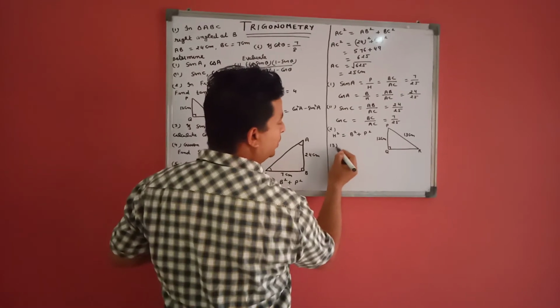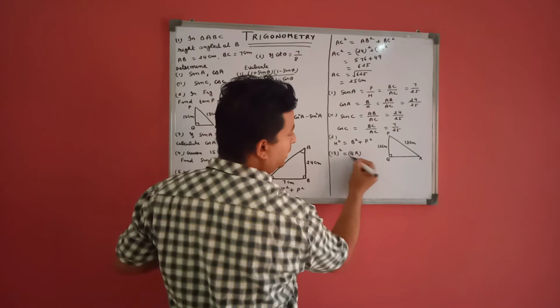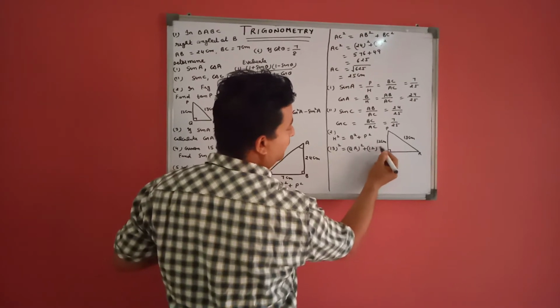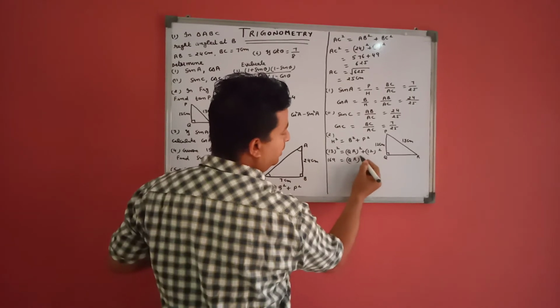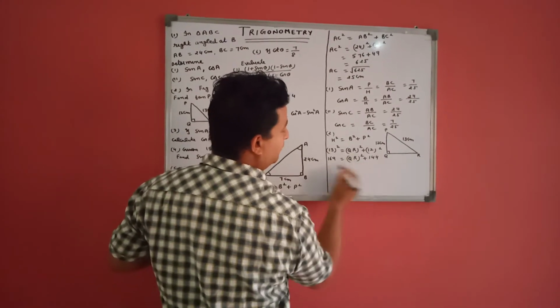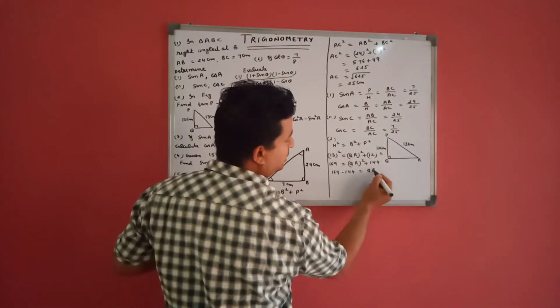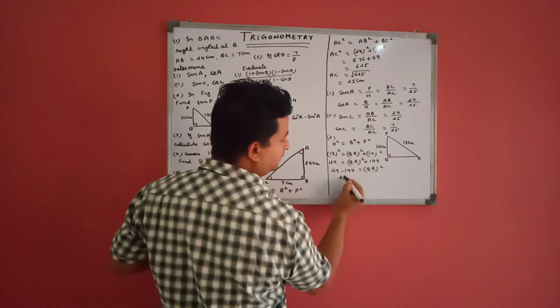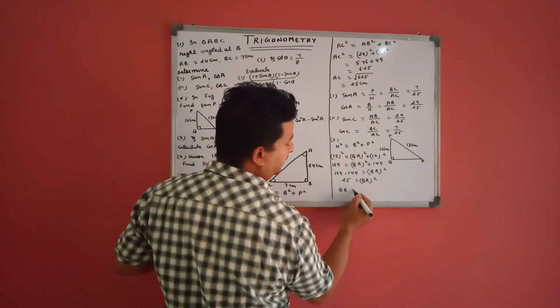The hypotenuse is 13, the base is required and the perpendicular is 12. 13 square is 169, equal to QR square plus 144. 169 minus 144 is equal to 25. Taking the square root of 25, we get 5.